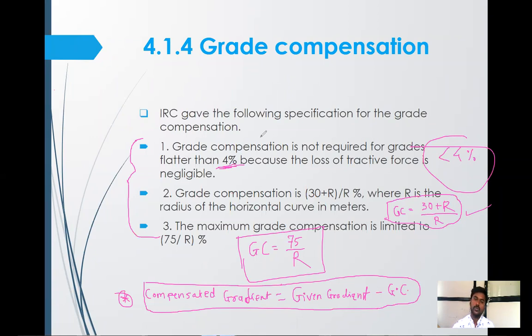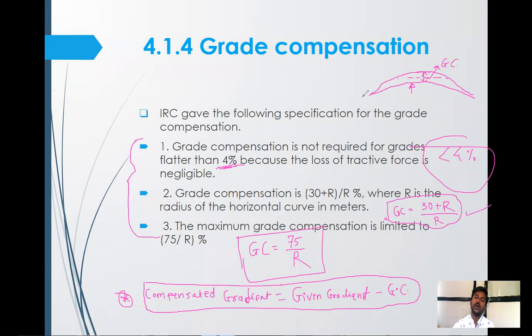It means, suppose this is our given gradient and we have compensated this much gradient. So finally, this will be our final compensated gradient. This is our compensated grade, that is GC, grade compensation. This is the given gradient.